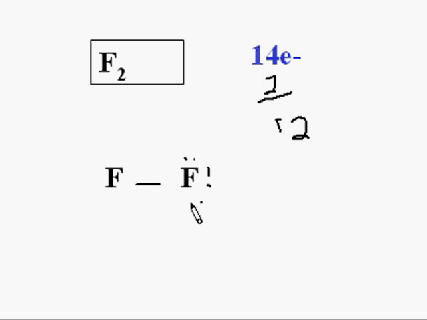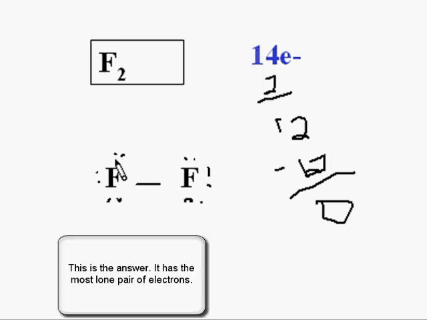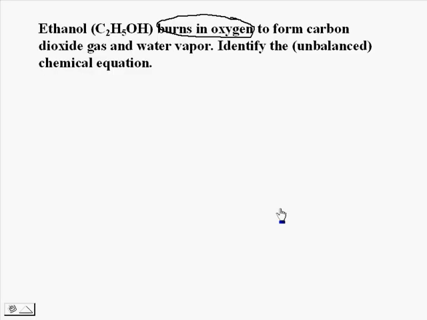So as I'm doing this, I've used up 6 electrons. 7, 8, 9, 10, 11, 12. I've used them all up. Let me make sure all of them have 8 electrons, and they do. This one has 1, 2, 3, 4, 5, 6 pairs of electrons that are not involved in bonding.